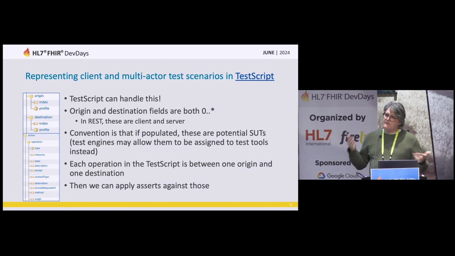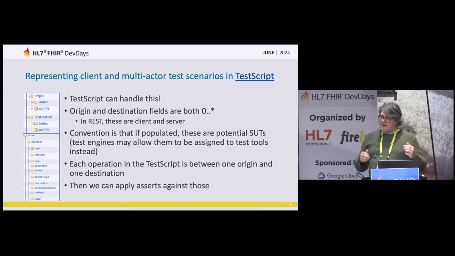So for example, in the Touchstone tool, if you define a test script and you define the origin and destination as being non-zero, then that means that Touchstone will allow you to select test systems and plug them into those roles in the test script when you create a test setup that you're going to execute.